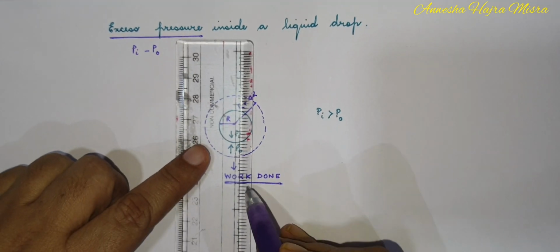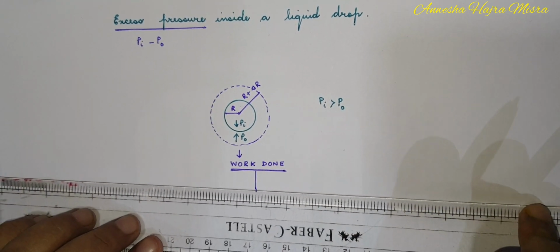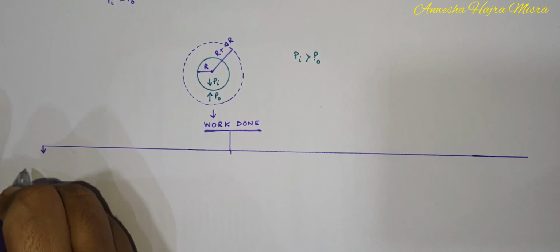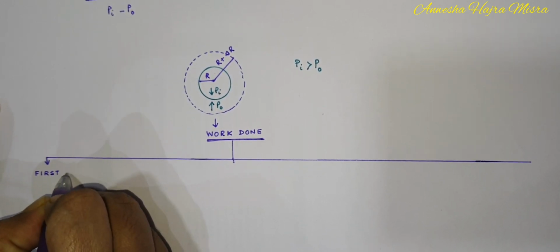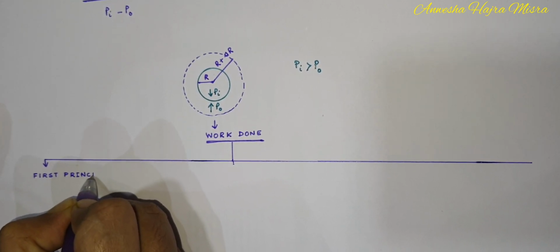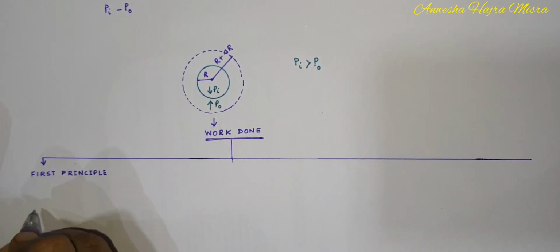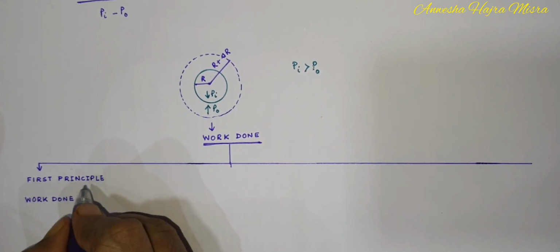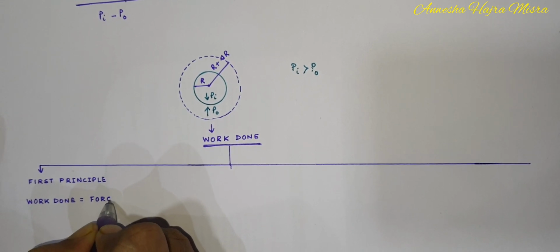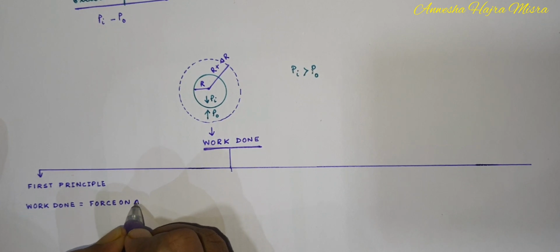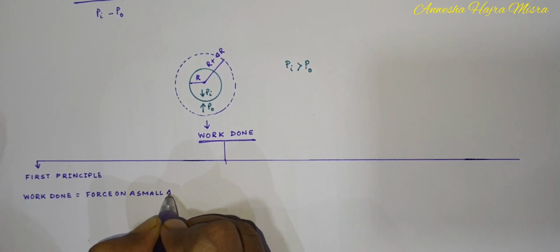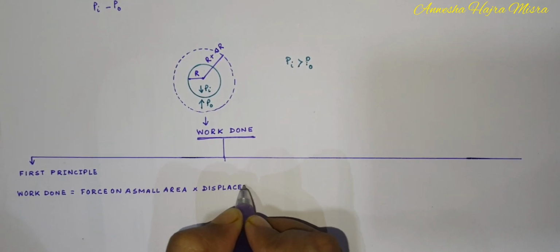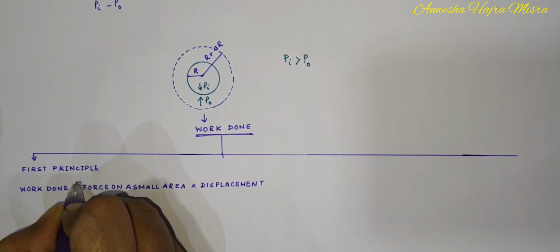Now, from the first principle, work done can be written as force on a small area into displacement, and then you sum up all the work done.